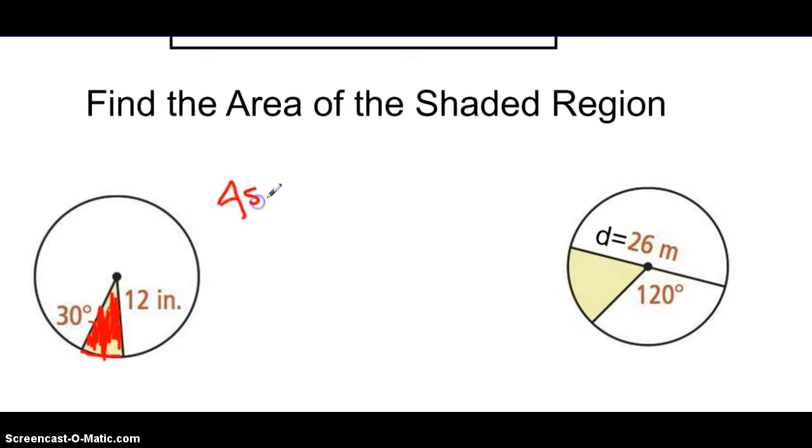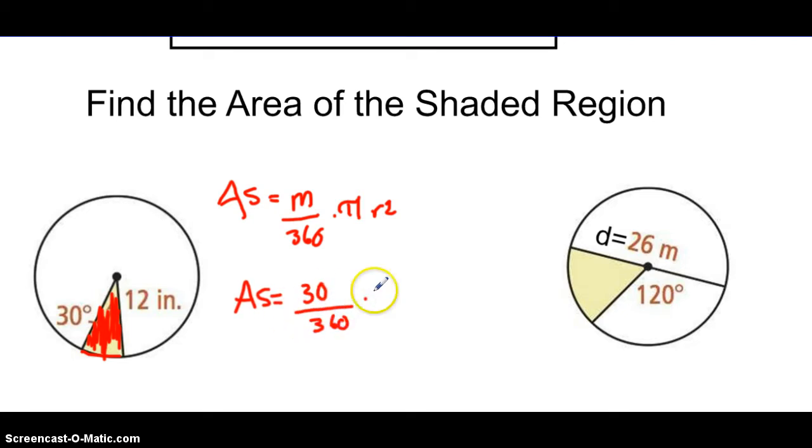The area of a sector equals m over 360 times pi r squared. Well, this is pretty much the same question, so we could just plug in our information. So the area of the sector is going to be 30 over 360 times pi times 12 squared.